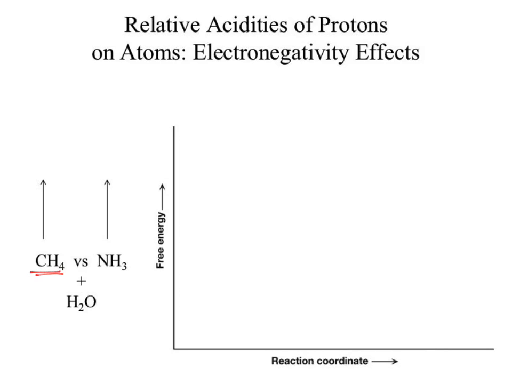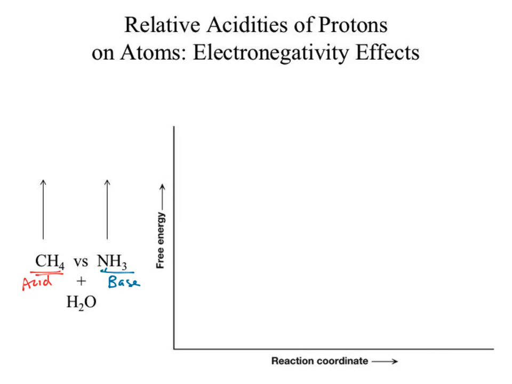Okay, so here's an interesting point. I'm saying we're looking at methane acting as an acid and ammonia acting as a base. While that is technically a true statement in a reaction, what does it say between those two? Versus. So what am I trying to do? Compare them. Should I compare acids to bases?